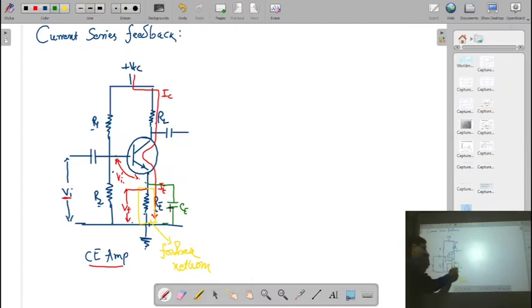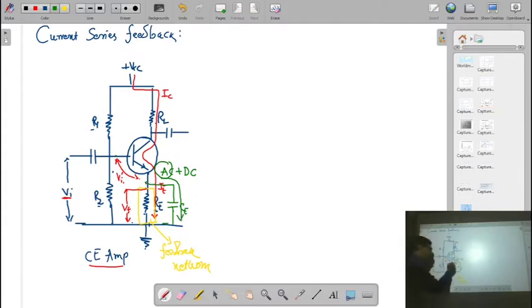And here in this case, what is the function of the capacitor? Whatever current is flowing, that current is a combination of AC current and DC current in an amplifier. So by putting this capacitor, whatever AC current is there is passed through this capacitor.